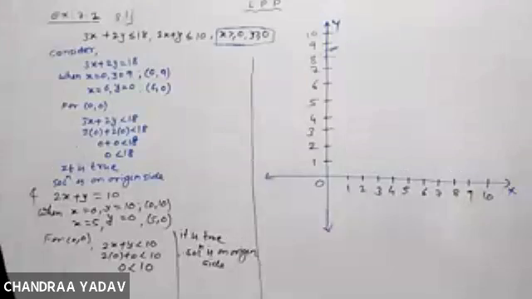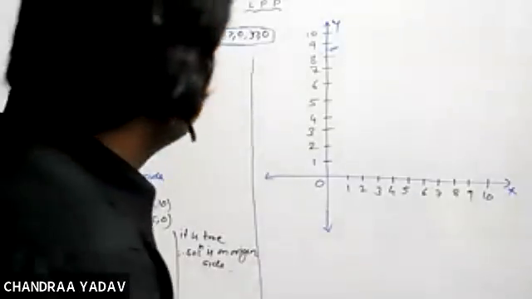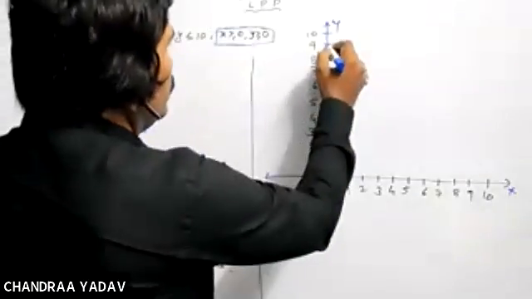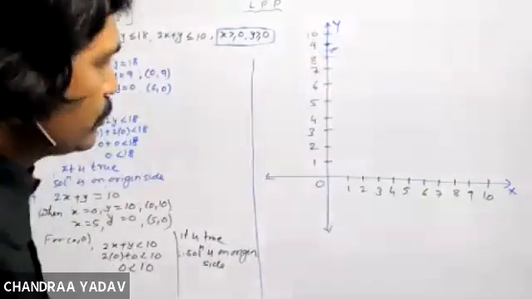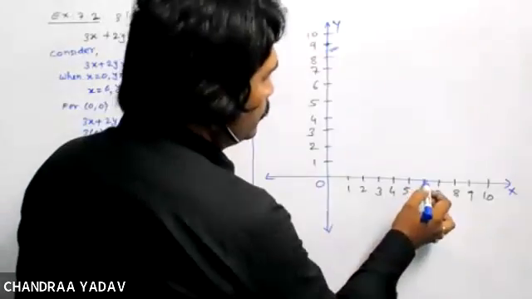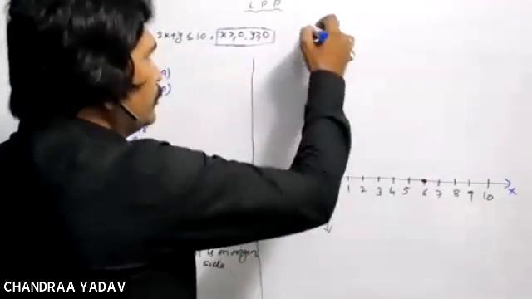Any doubts so far? Yes, sir. Now we'll plot the points. 0, 9. So here it is 0, 9, and 6, 0 over here. So draw the line here.